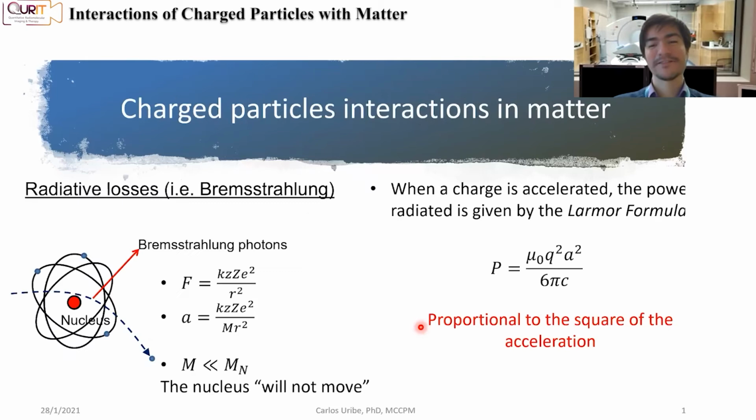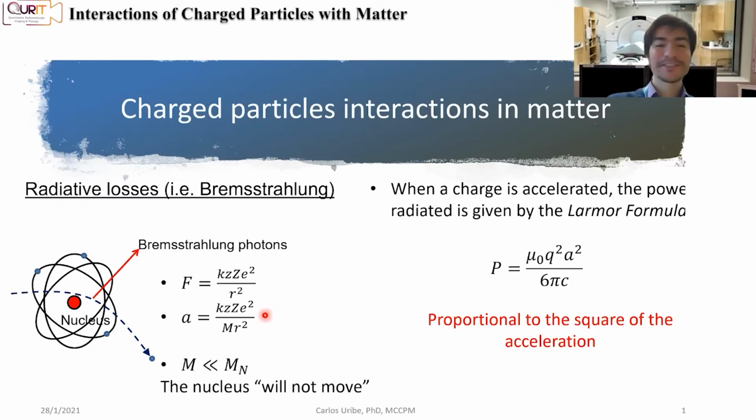Let's look again at this formula. What is heavier, an alpha particle or a beta particle? An alpha particle is composed of 2 protons and 2 neutrons. We know that the mass of an electron is basically 4 orders of magnitude less than a proton, so it's way smaller than the alpha particle.